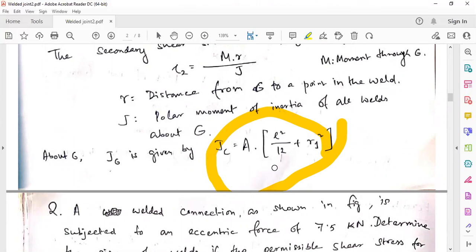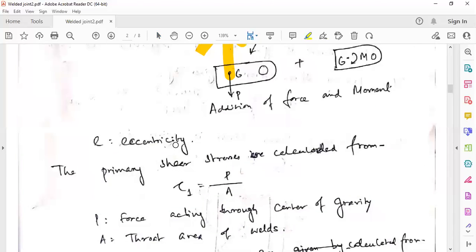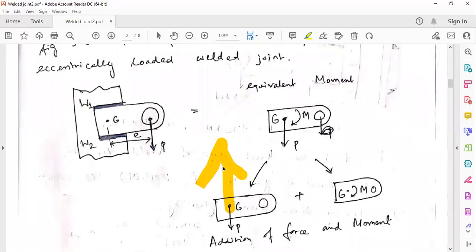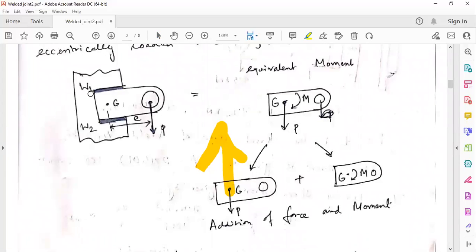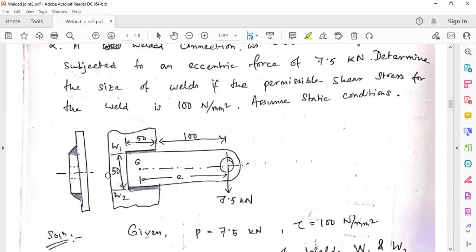The polar moment of inertia is given by this formula, where A is the throat area, small l is the length from here to here, and R1 is the length from the upper point, any side of this welding. Let me show you here in this problem.